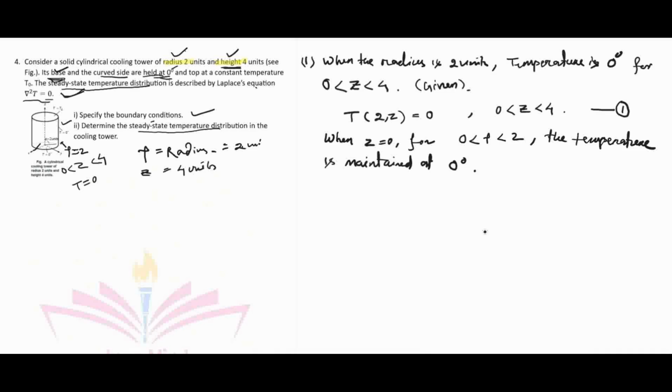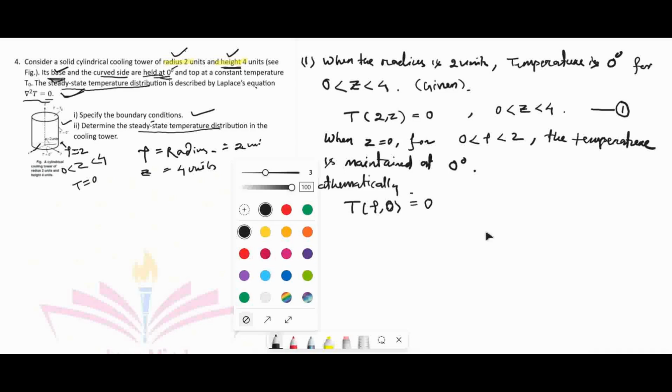Mathematically, we can write T(rho, 0) is equal to 0. Clear?